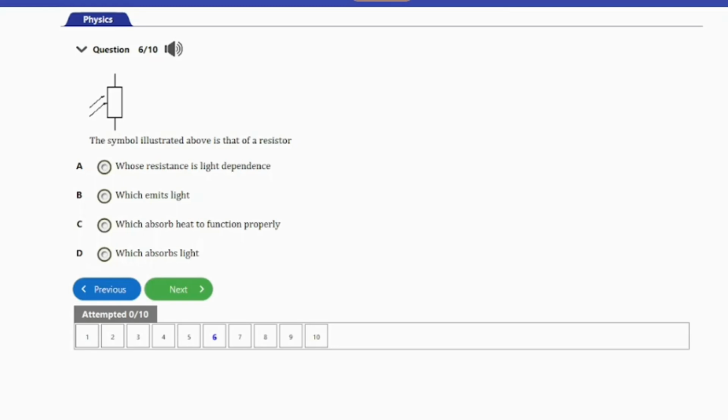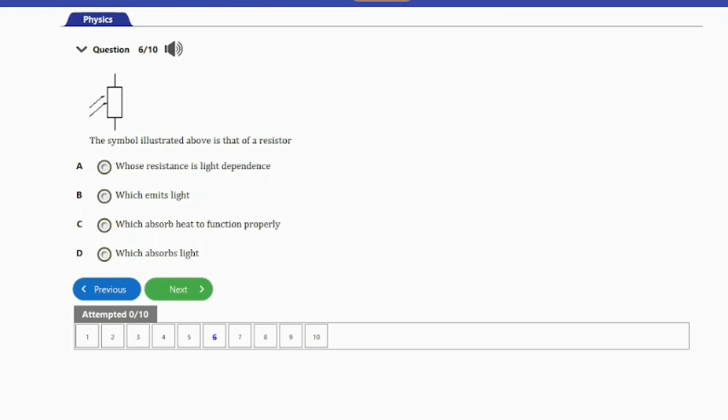So that's question number 6 here. It says, the symbol illustrated above is that of a resistor A, whose resistance is light dependent, B, which emits light, C, which absorbs heat to function properly, and D, which absorbs light.